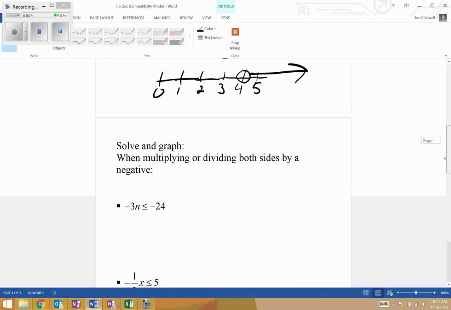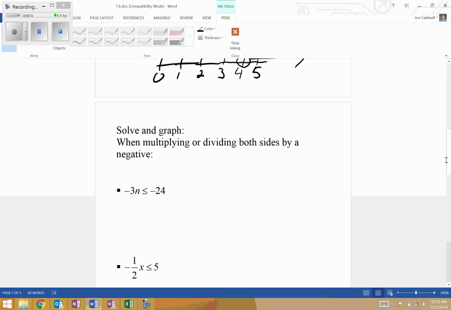Okay. All right. The only time this is different beyond the graphing is this scenario. Not when adding or subtracting, only when multiplying or dividing both sides by a negative. So when you're doing your inverse operations, if it's multiplying or dividing by a negative, you have to switch the inequality sign.